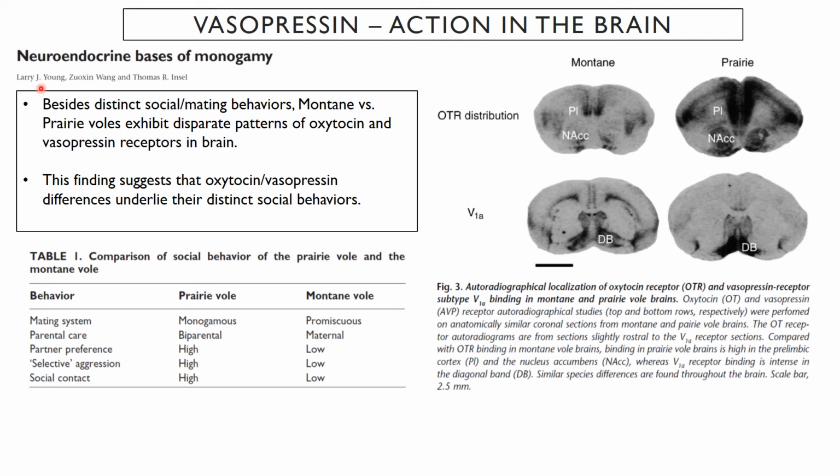So what Larry's work shows is that there's a big difference between the receptor expression between montane voles and prairie voles. So it's not so much about the hormones themselves as it is about the receptors.